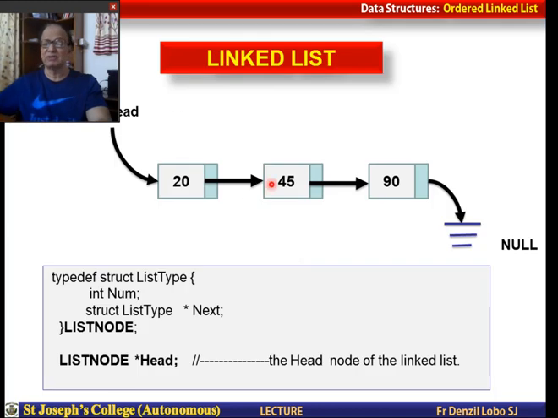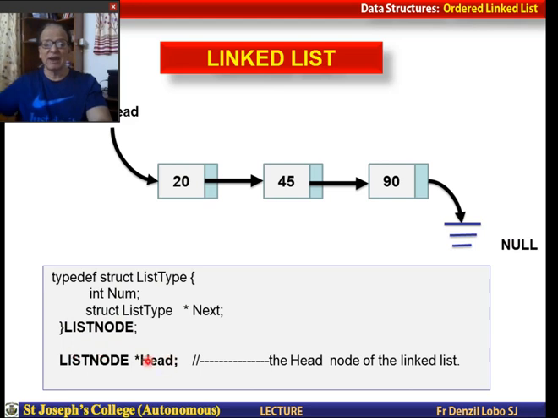So here you have the linked list. You have got the head pointing to the first node that leads to the second node, third node, and this is grounded, and the last node refers to null. And here we have the declaration of list node. We have declared a new type called list node, and it contains, as you know already, a number and a link to the next.